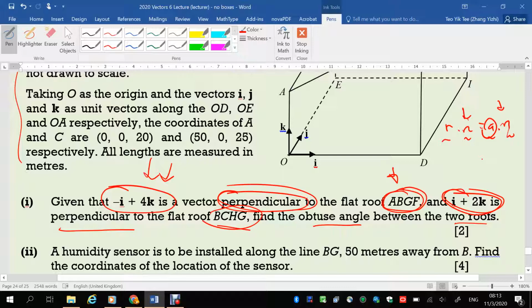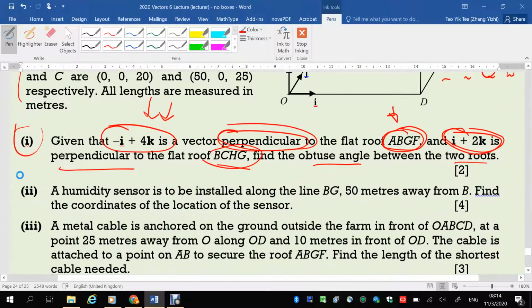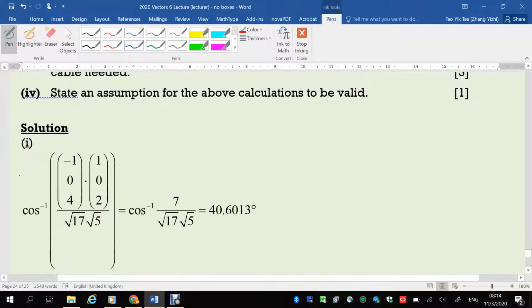Coming back to this question, your job is to find the obtuse angle between two planes. Linking back to your earlier chapter, for the angle between two planes, you need to activate the dot product. The dot product of who? The dot product of the two normal vectors. So for part 1, all you need to do is activate your dot product: the normal vector of the first plane with the normal vector of the second plane, divided by the magnitudes of the normal vectors, then take an inverse cos.